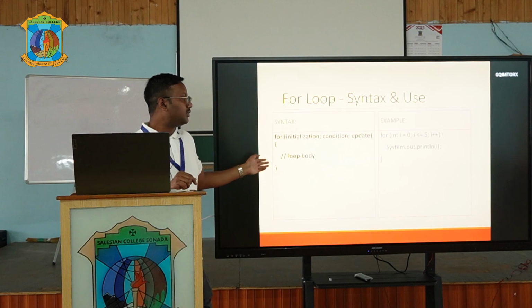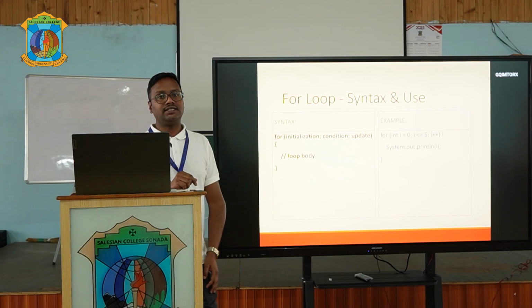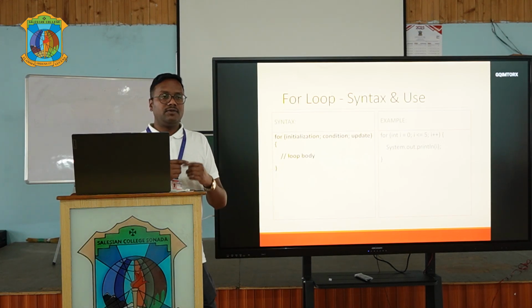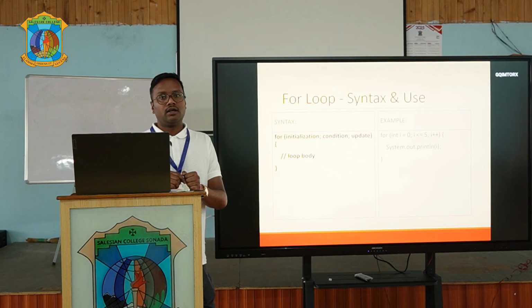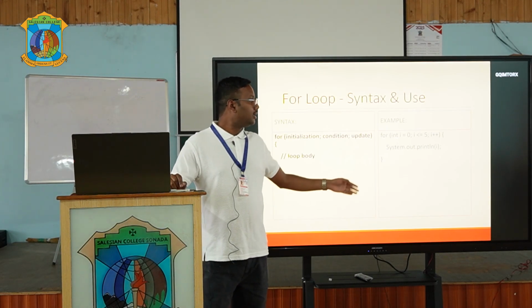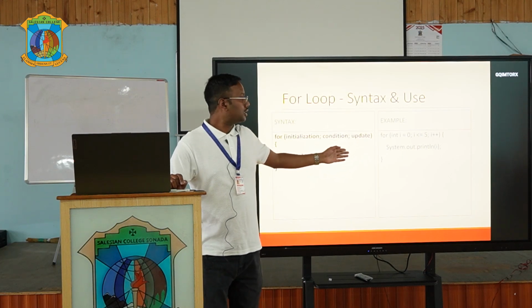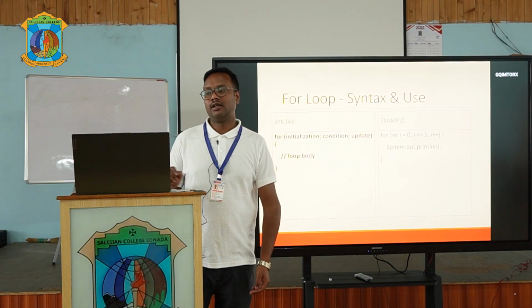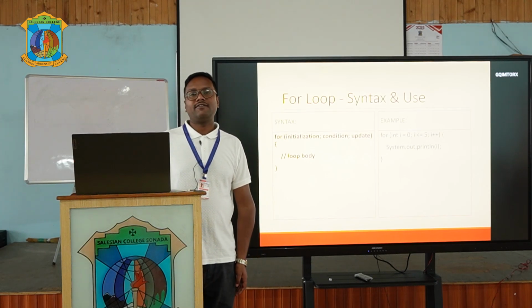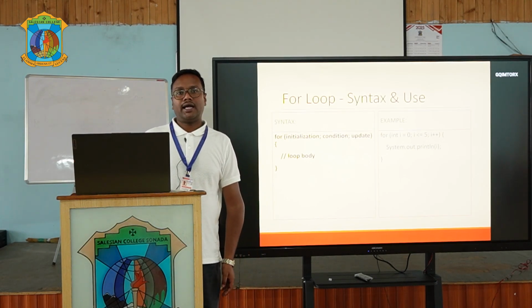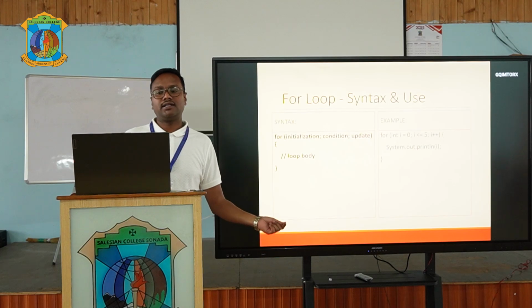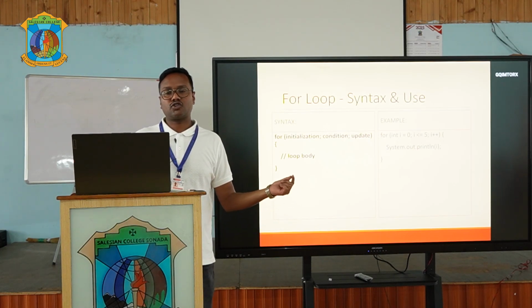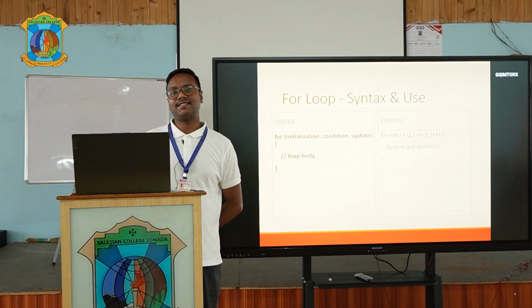And after that we have the body of the loop that will contain the statements that will be executed repeatedly. Now for example, for the for loop over here, we can see the syntax: the for keyword is given. With that we require a variable i. We have initialized it to 0, and that is the starting condition. And then we require the stop condition, that is i <= 5.